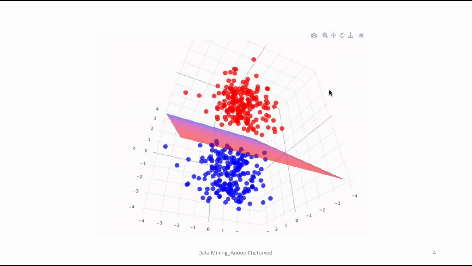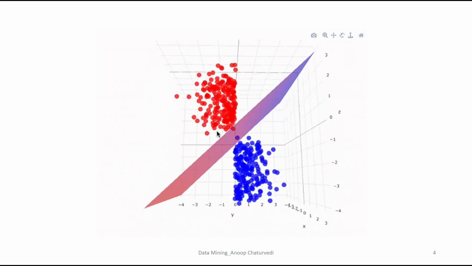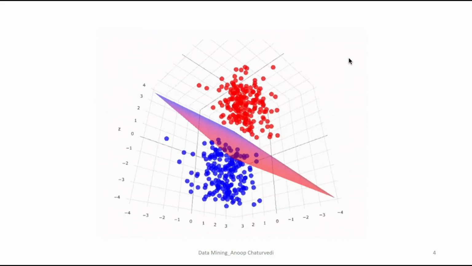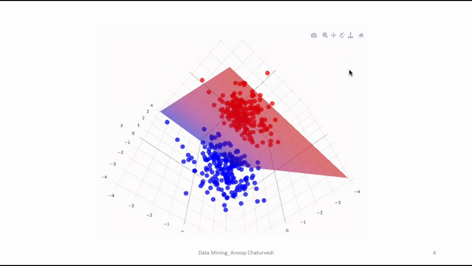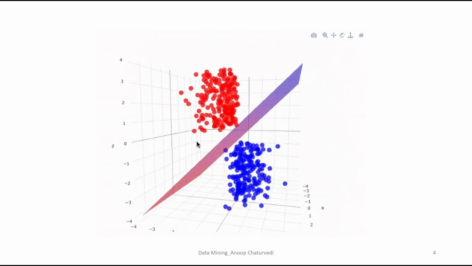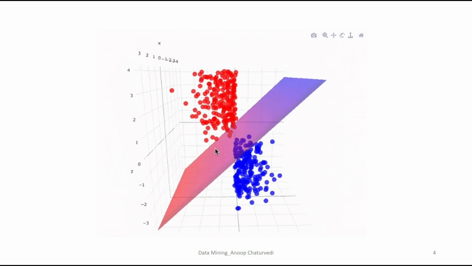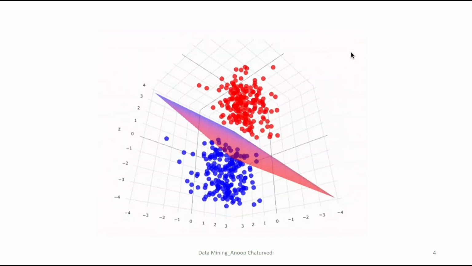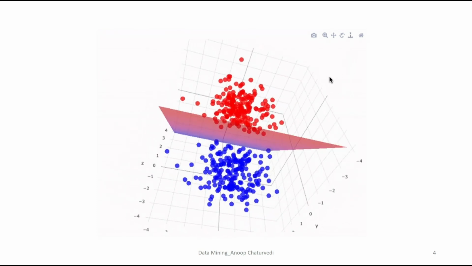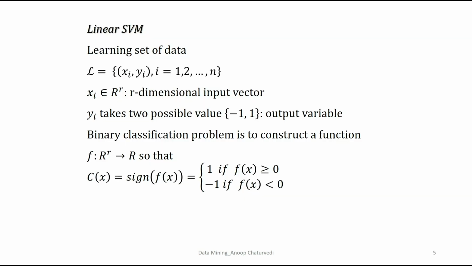Now, here you have a set of points and you can easily observe that the set of points has two classes in the feature space, and then you have a hyperplane which divides the two classes. Now, first we consider the linear SVM.